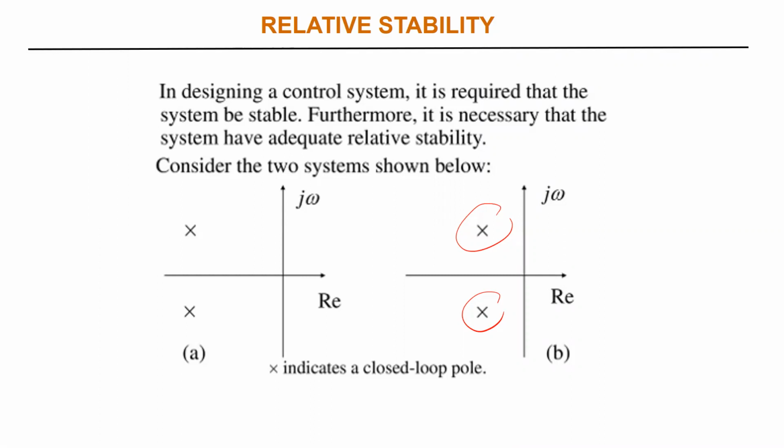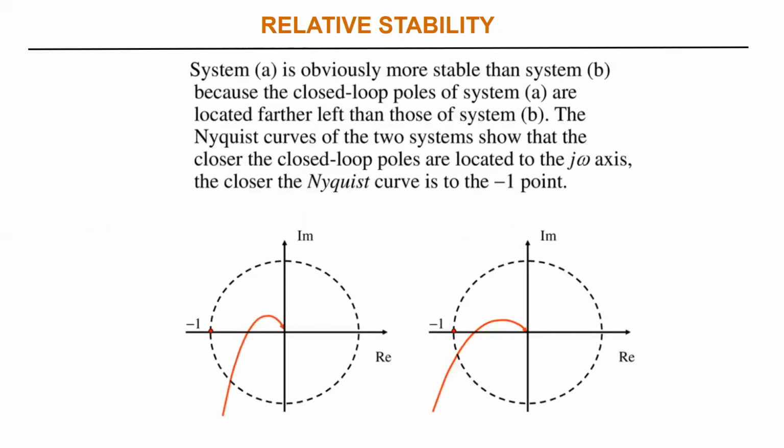Now, I would like to relate this position to what we have done in Nyquist. Suppose I have those two systems. In the Nyquist plot, which one corresponds to the case where the pole is near the j omega axis? The right one, this one.